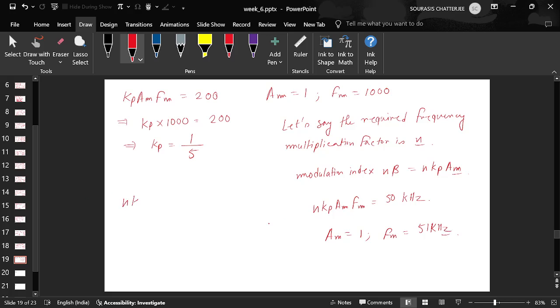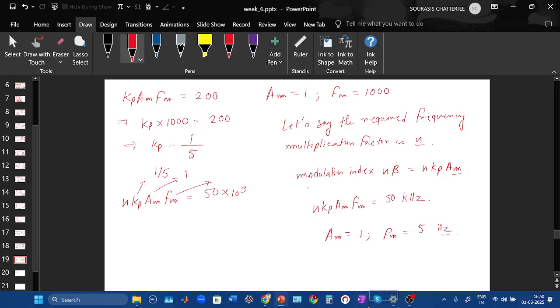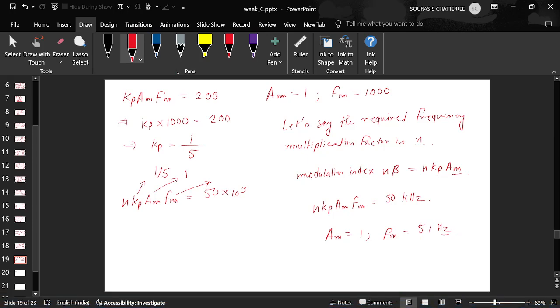So you have n kp Am fm equal to 50 into 10 to the power 3. Now this kp value we know, that is 1 over 5, Am we know, which is 1, and fm is given as 5 kilohertz, 5 into 10 to the power 3.